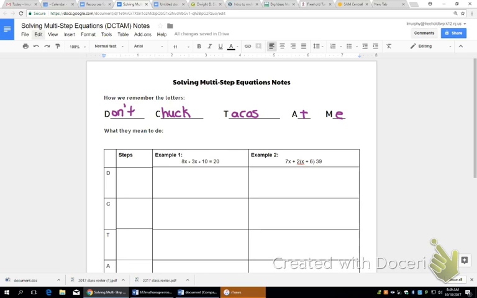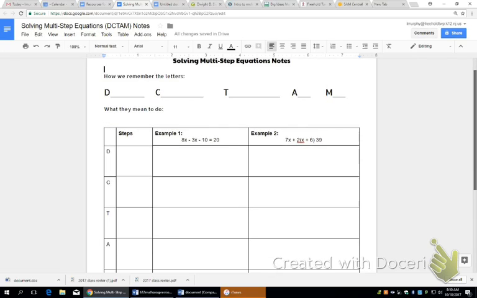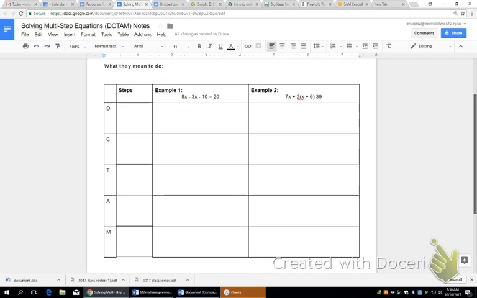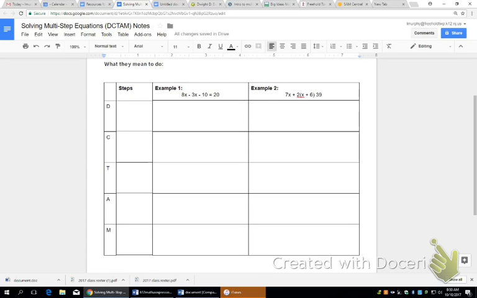So the D, let's scroll up so we can see all of this. Okay, so the D means to distribute. It's going to be a little tough for me to fit this in mine. So it tells us to distribute.